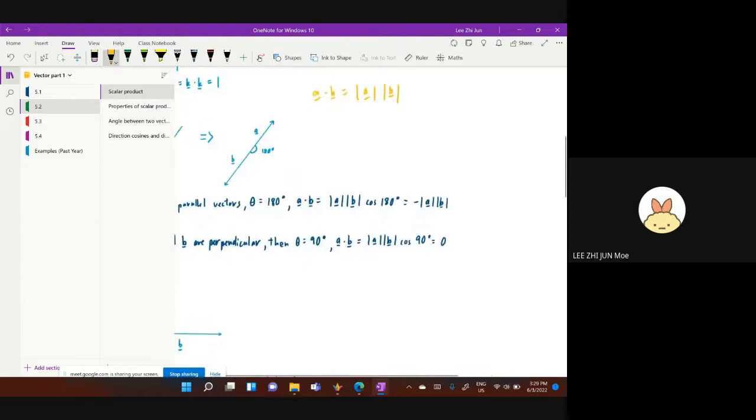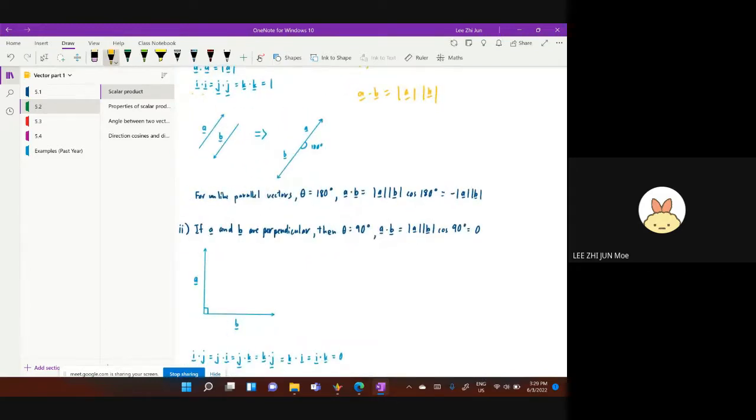For unlike parallel vectors, theta will be 180.